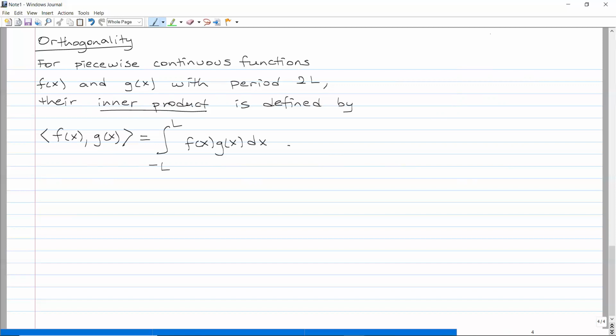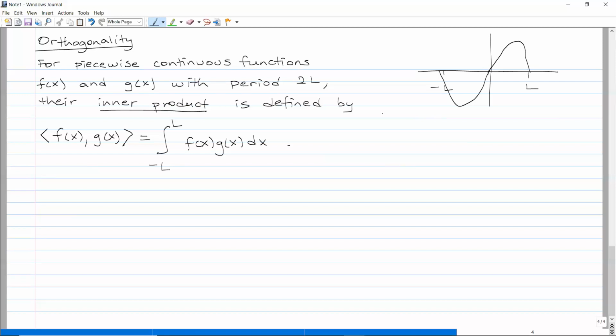So when you consider this interval minus L for the sine function, it is going to be like this, minus pi to pi, something like this, right?